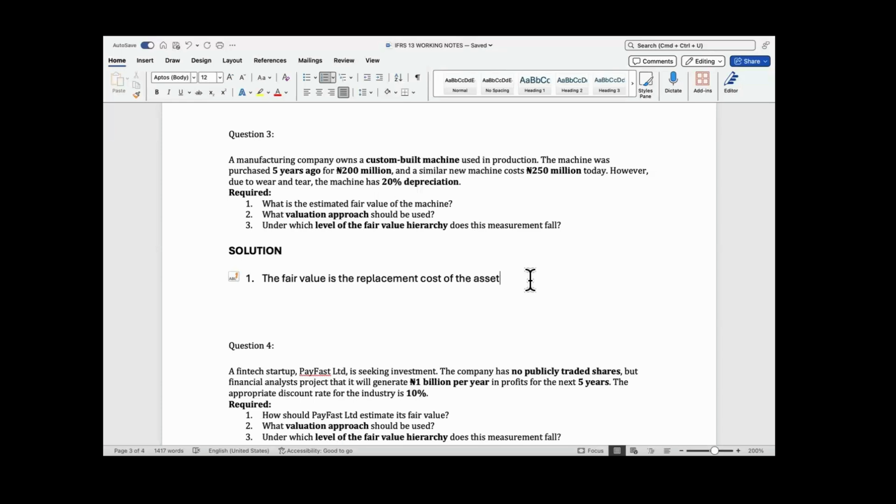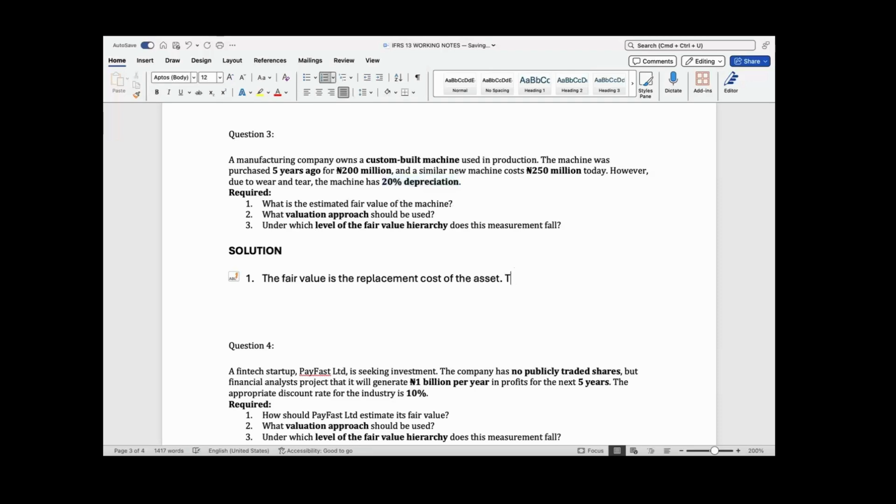But the best way to get the fair value is to depreciate the price of that new asset by the amount of depreciation this one has gone through. So since this one has gone through 20% depreciation over its life, then we can adjust this new price, or this replacement cost, for 20% depreciation.